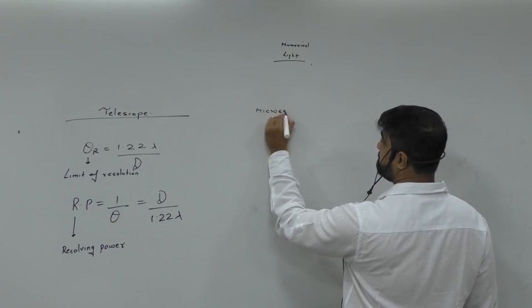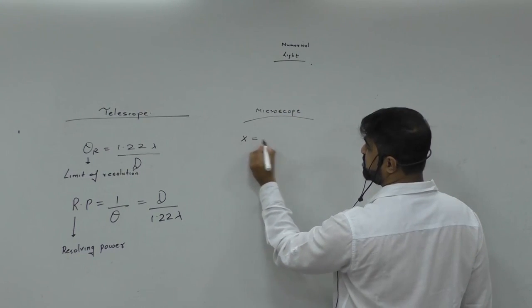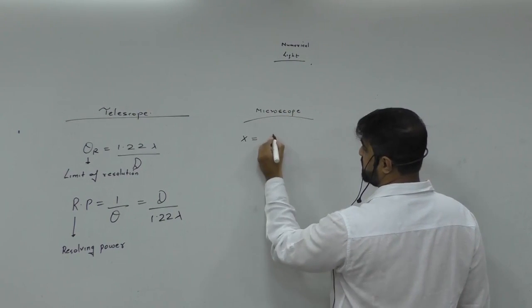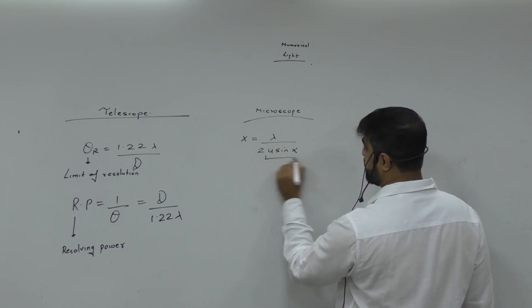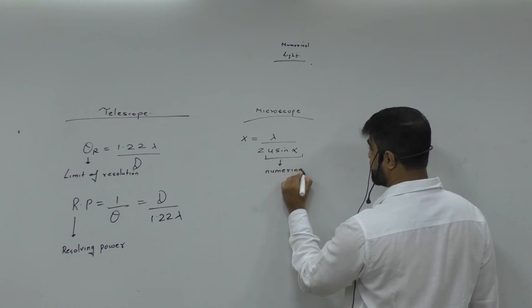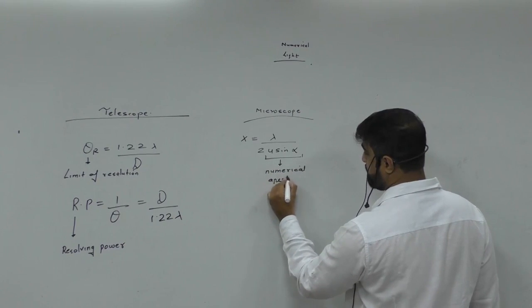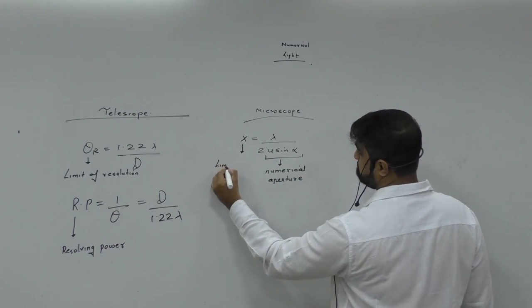Microscope. Here the limit of resolution x is lambda upon 2 mu sin alpha, where mu sin alpha is called numerical aperture. x is called limit of resolution.